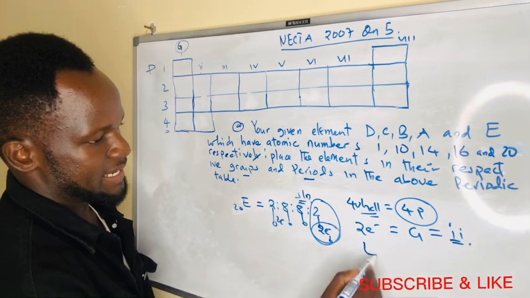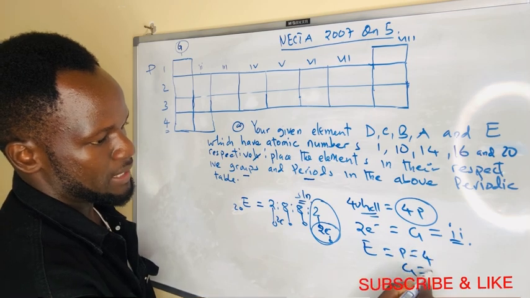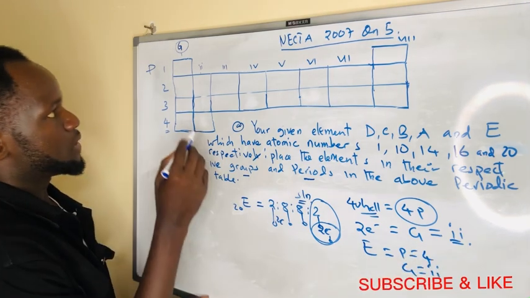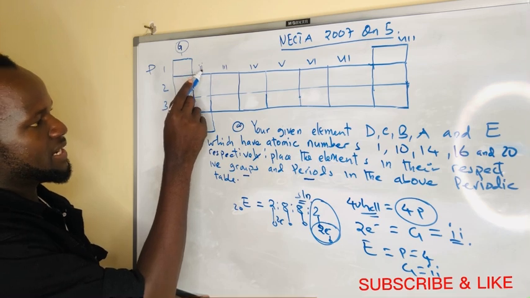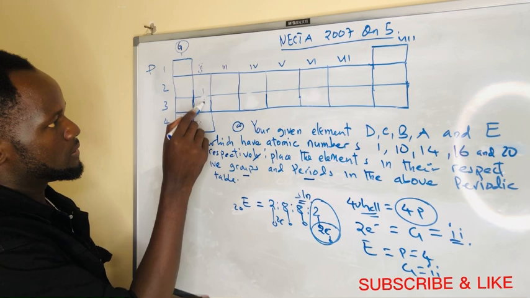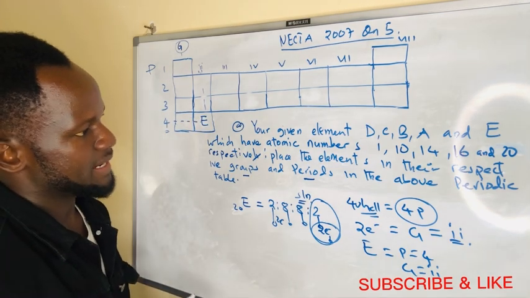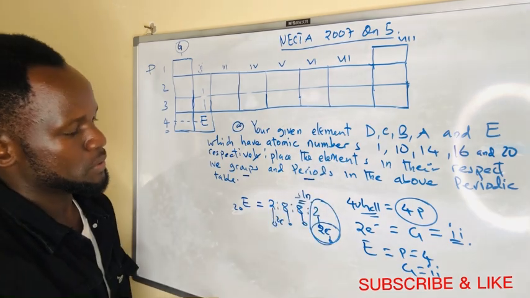So letter E belongs to period number 4 and group number 2. We come to group number 2, it is here, and period number 4, so we are supposed to put E around there.